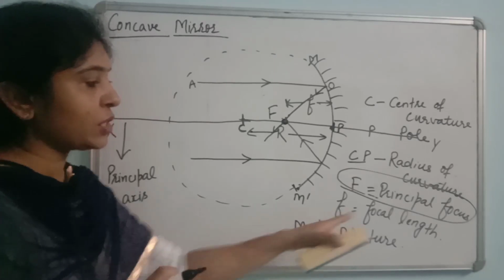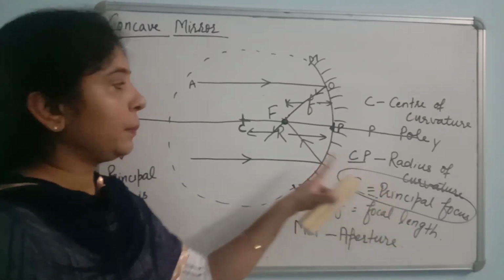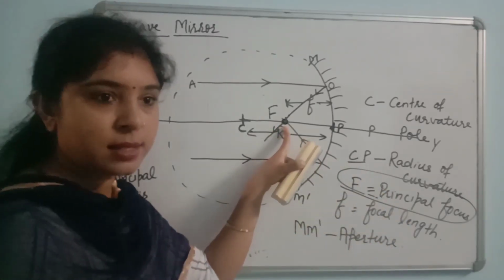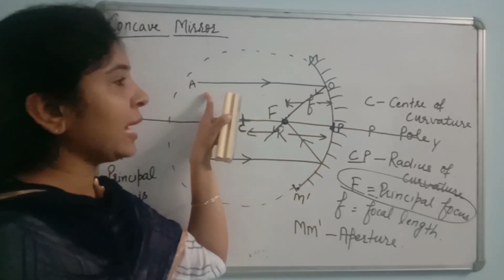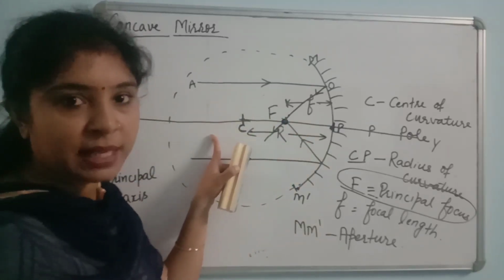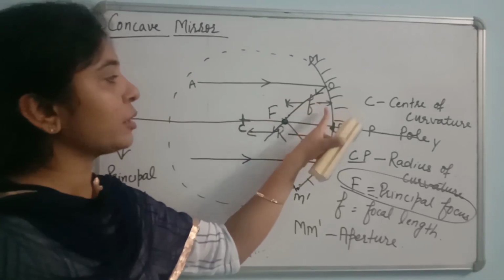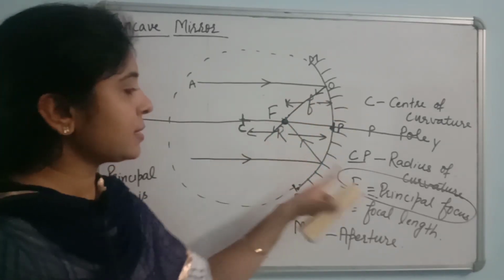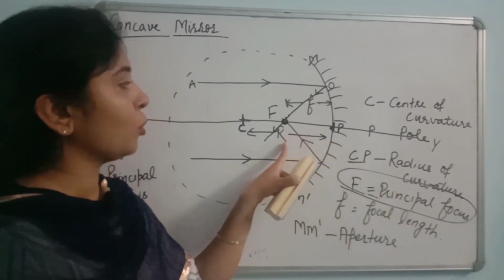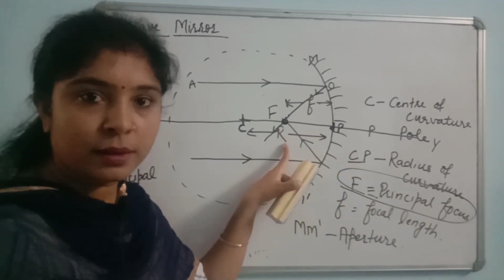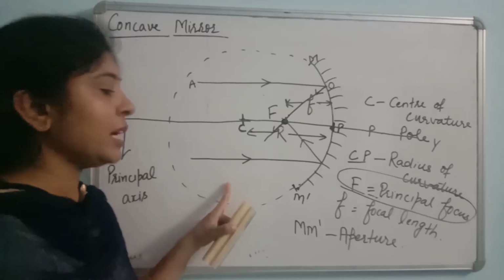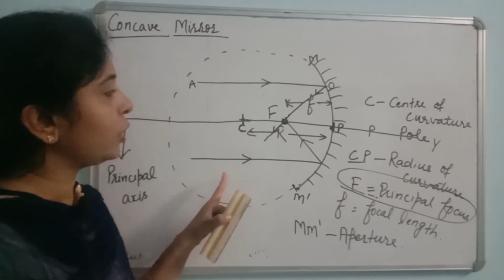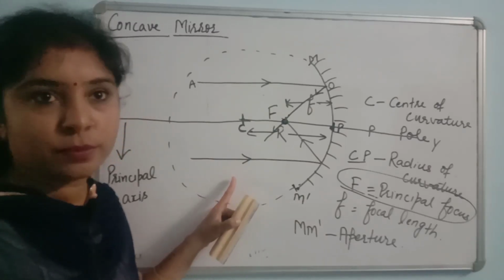So we can give the definition of principal focus like that: principal focus is that point at which the light rays coming parallel to the principal axis meet after reflecting from the concave mirror. So before studying the image formation in this concave mirror, you should know these key terms.